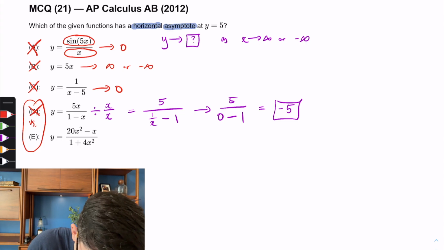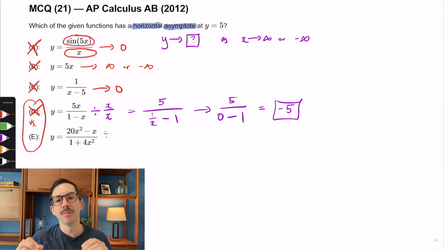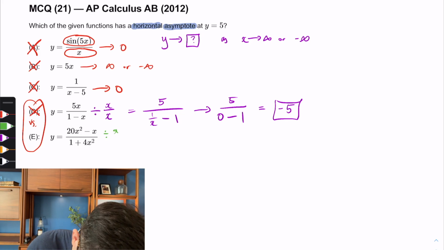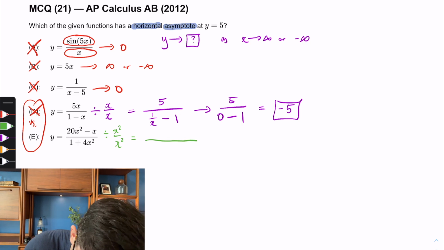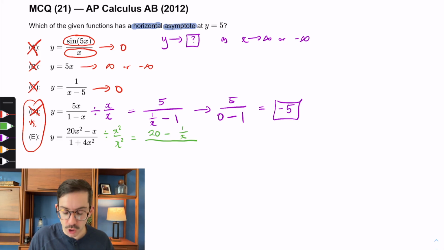But let's check. Okay, this is again a rational function, so I'm going to divide top and bottom by the highest power of x that I see. In this case, it's x squared. Dividing by 1 doesn't change anything, it just rewrites the function for me. So going term by term, the numerator becomes 20 minus 1 over x.